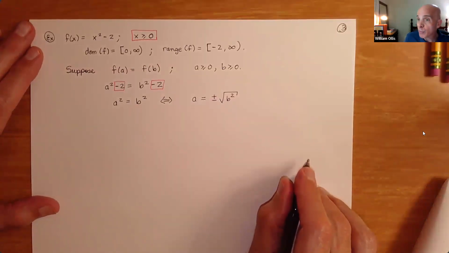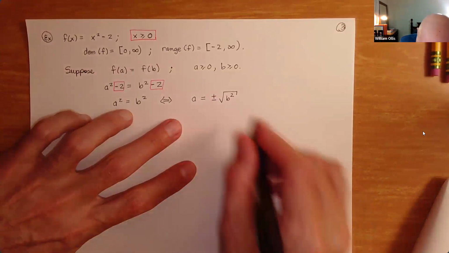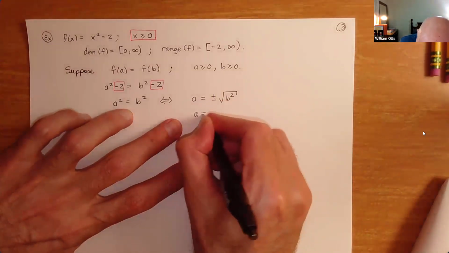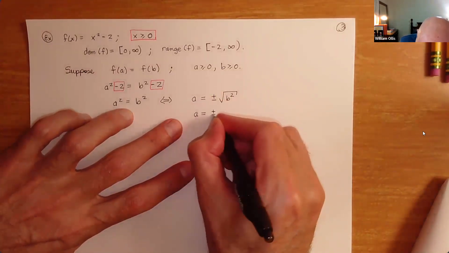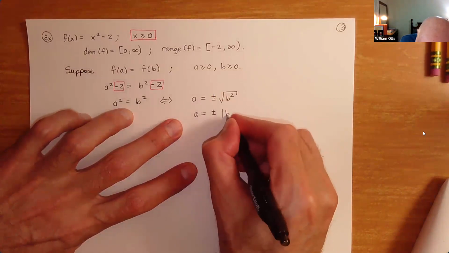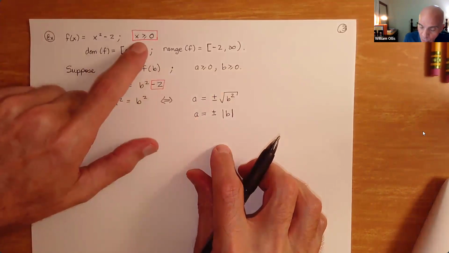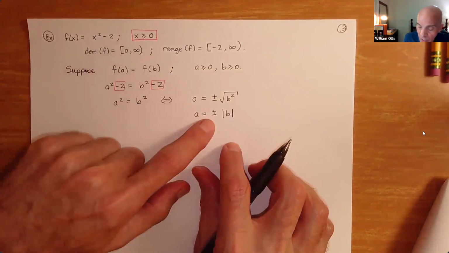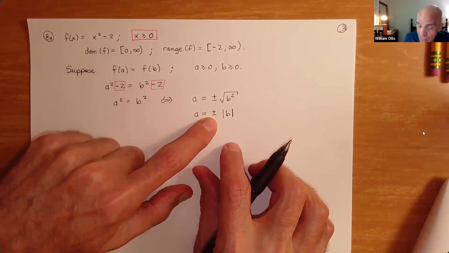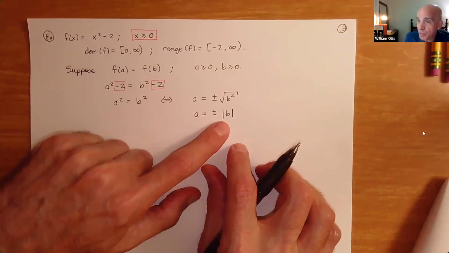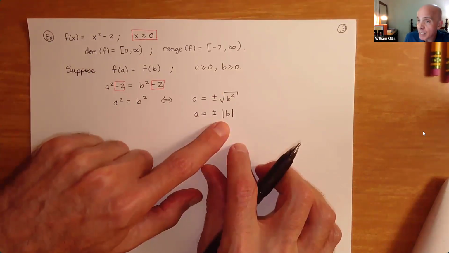Now, of course, the square root of b squared is what? The absolute value of b by definition. So we have a equals plus or minus the absolute value of b. Now, of course, a is greater than or equal to 0, so we would not select, in this case, the negative radical, because we know the absolute value of b is greater than or equal to 0 by definition.